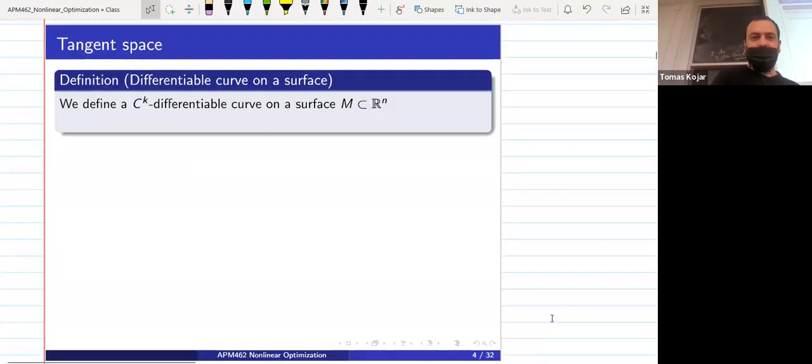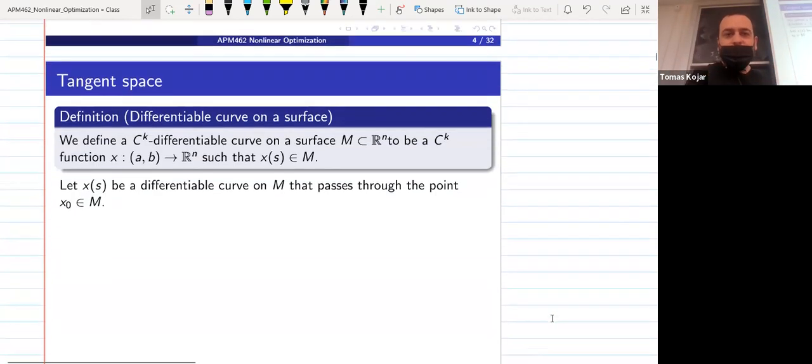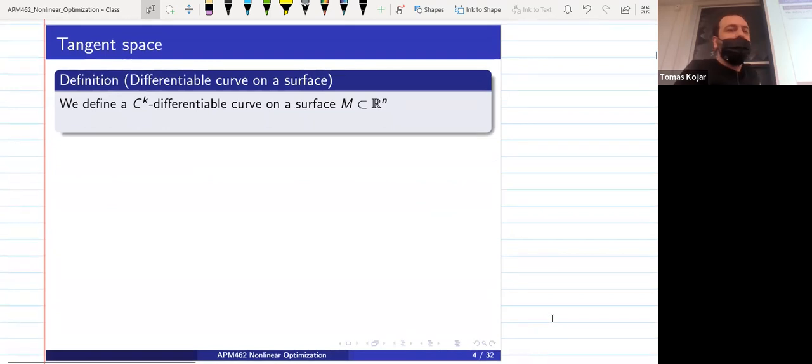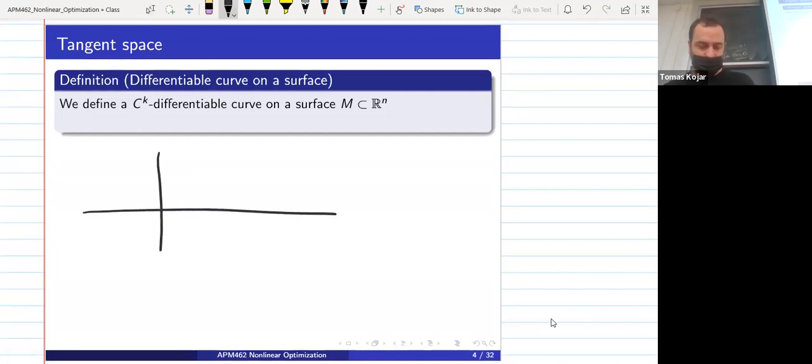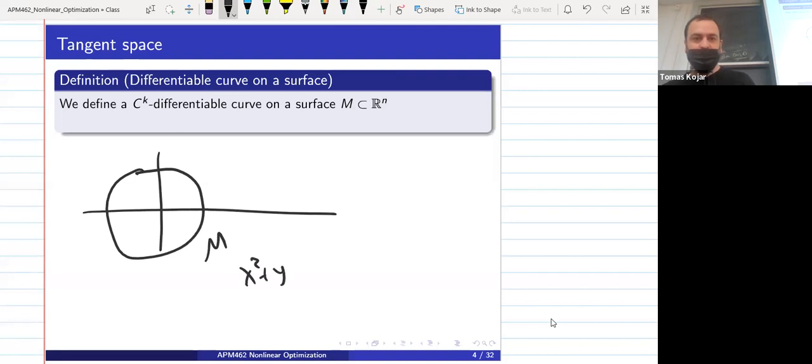All right. Let's talk about tangent space then. First, I need this notion of a C^k differentiable curve. Let me give you some intuition. Suppose your M is this guy, x squared plus y squared minus 1 equals 0.